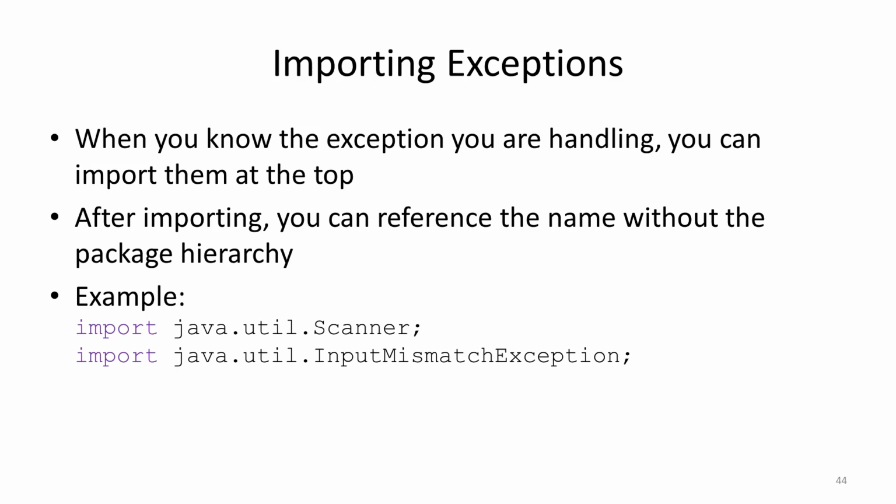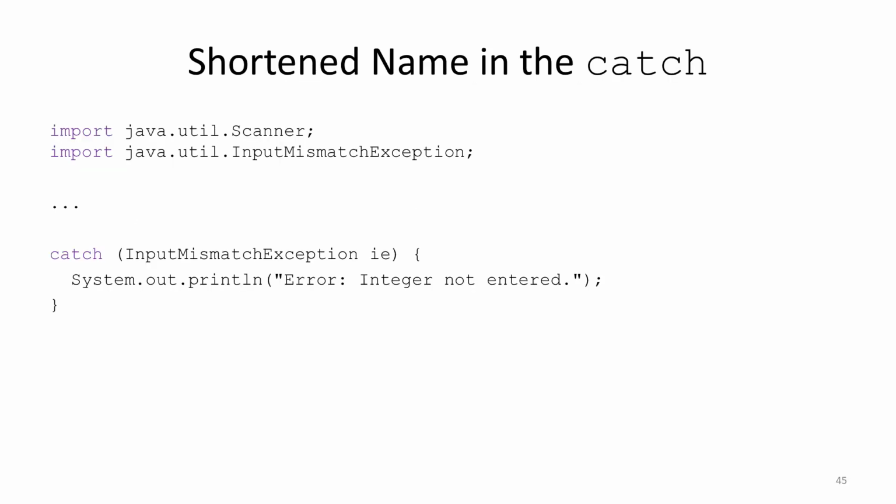So I'll have these two lines at the very top of my program. When I import java.util.InputMismatchException, I can just reference InputMismatchException inside the catch. And I can do that because I've already told Java at the very top of the program where InputMismatchException is. It is in the util package.